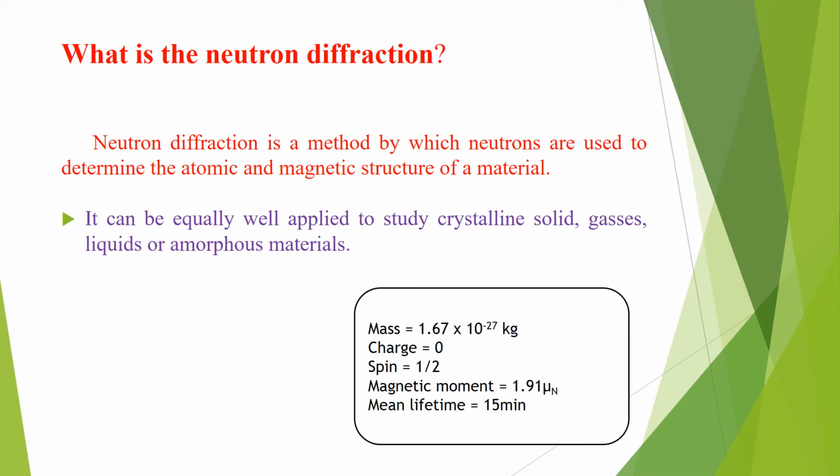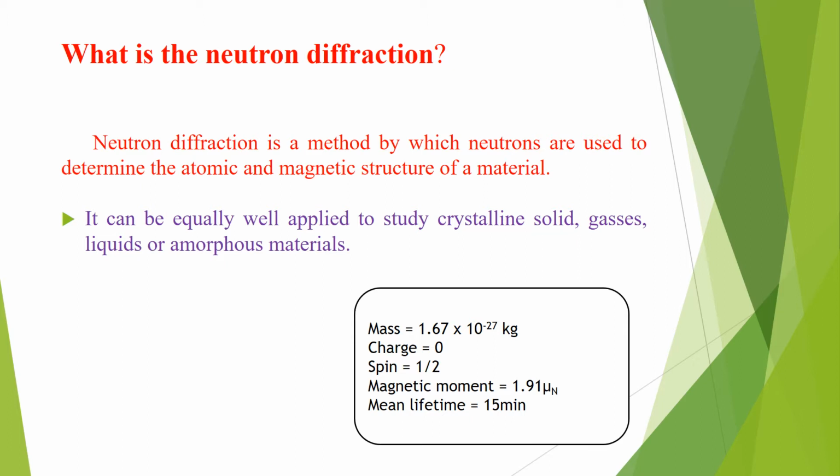Neutron diffraction is a method by which neutrons are used to determine the atomic and magnetic structure of a material. It can be equally well applied to study crystalline solids, gases, liquids, or amorphous material. Here are some properties of the neutron, which we all know.